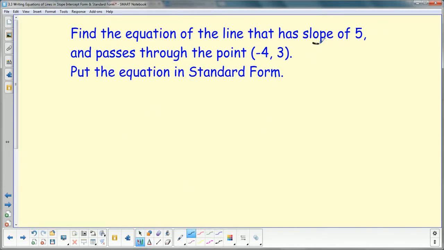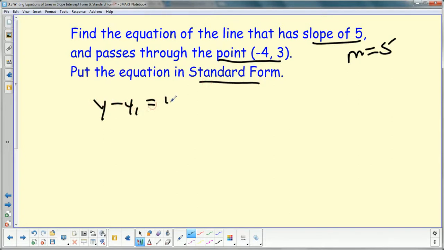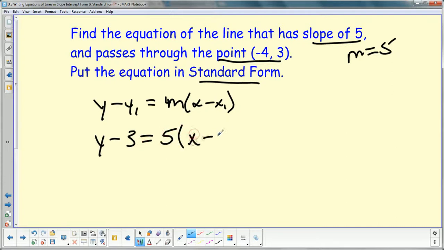So again, we're told that our slope is 5, that means m is 5, and it passes through this point. So again, if we want standard form, we're going to start by plugging in to point-slope form. Okay, so y minus our y value equals our slope, and then times x minus our x value, I'm going to write as x plus 4.